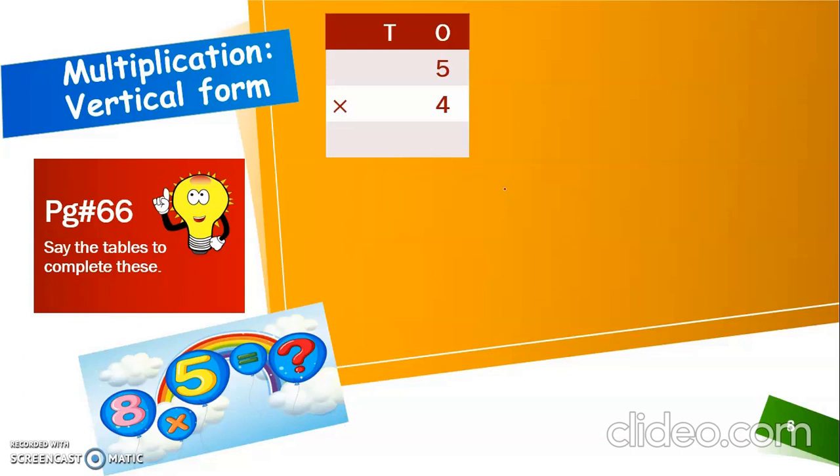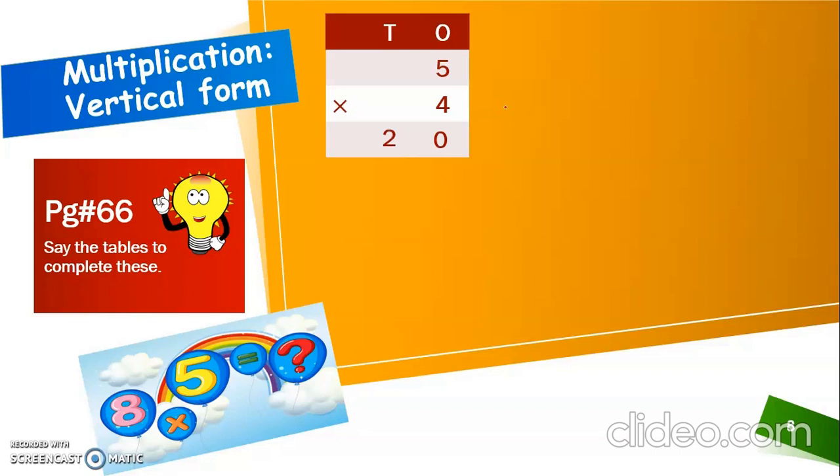Then again say the tables to multiply as 5 4s are 20. Here students, 20 is a 2-digit number, so 0 will move in one's column and 2 will move in tens column.